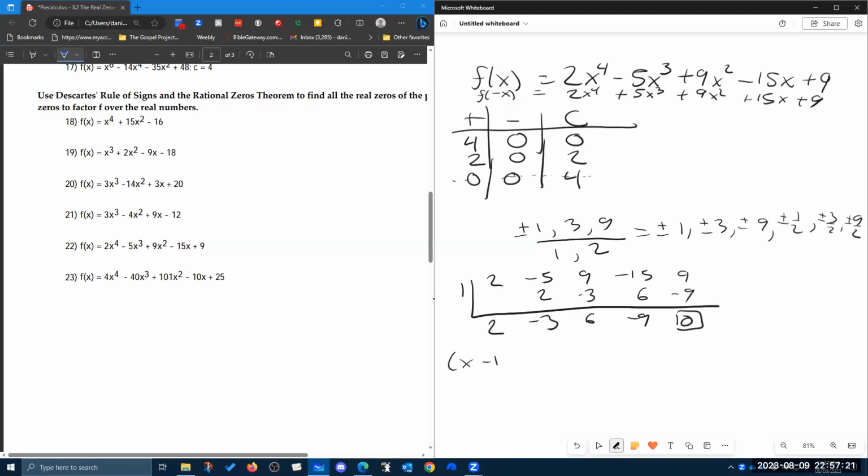And then this can be factored by grouping now. x minus 1. And I see an x times 2x minus 3 plus 3 times 2x minus 3 is going to give me x minus 1 times 2x minus 3 times x plus 3.